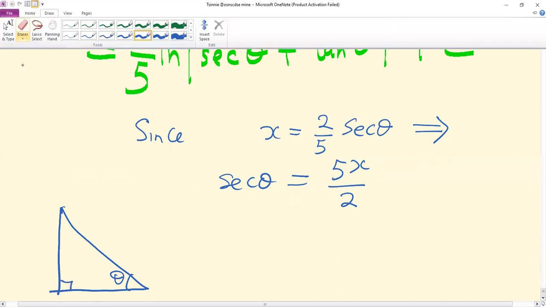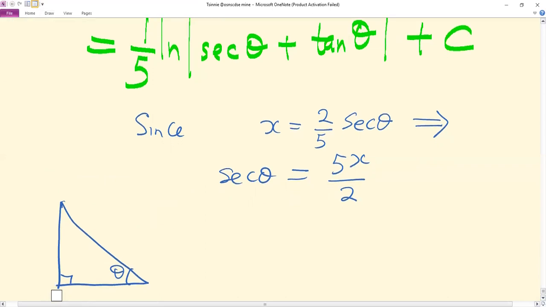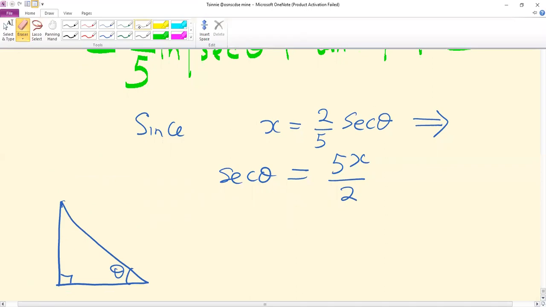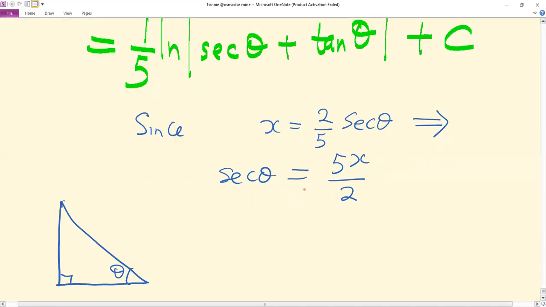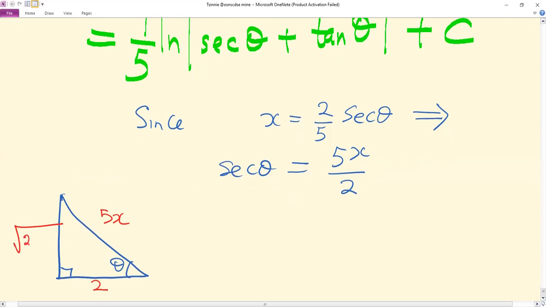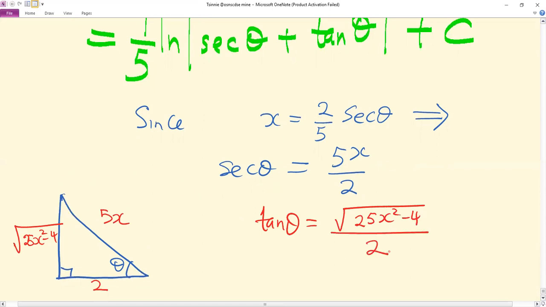Remember, sec is the reciprocal of cosine, so sec is hypotenuse over adjacent. The opposite side will be the square root of 25x squared minus 4. So tan theta will be opposite over adjacent, which is the square root of 25x squared minus 4 over 2.